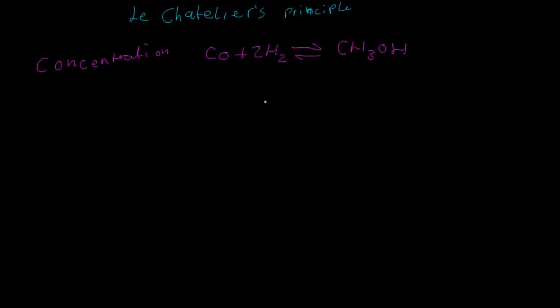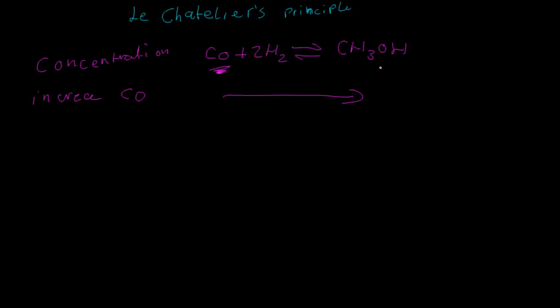Now if we were to increase the concentration of the carbon monoxide, that's going to move the equilibrium to more of the products, because if we increase that, the equilibrium is going to move to decrease it to balance it again.